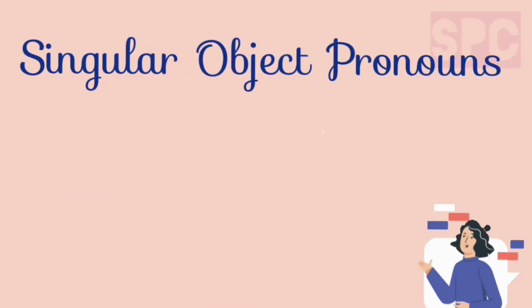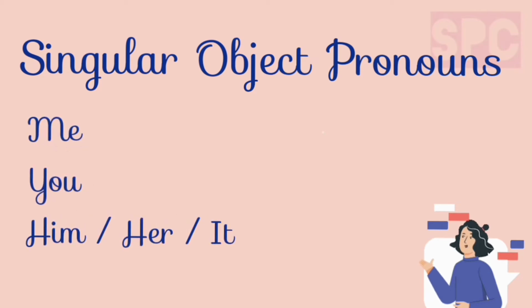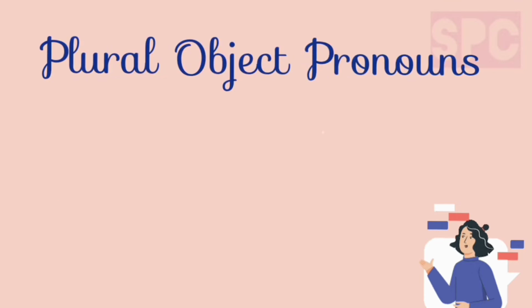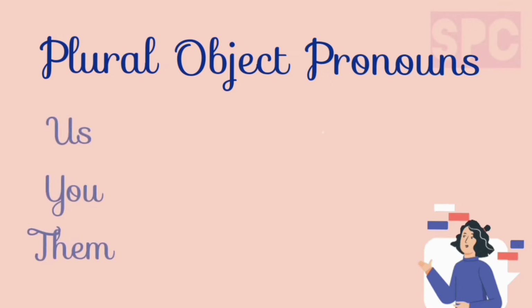In English language, the singular object pronouns are me, you, him, her, it, and the plural object pronouns are us, you, them. Let's understand how to use these object pronouns in sentences.